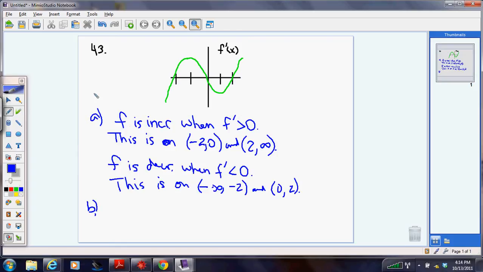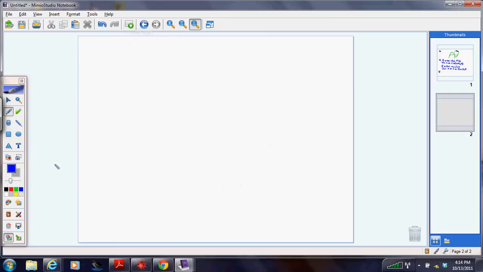Essentially, it works like this. In considering the graph of a function f, if f is increasing and then decreasing, where it transitions from increasing to decreasing, at this point right here, that's where we're going to have a local max.